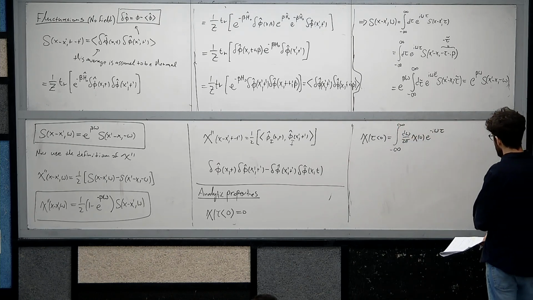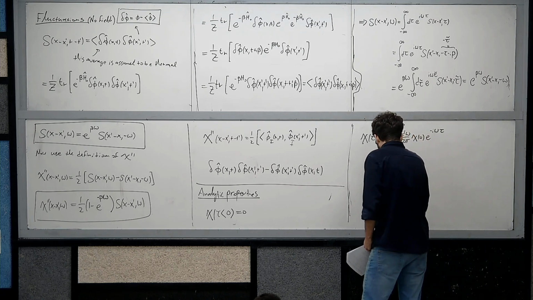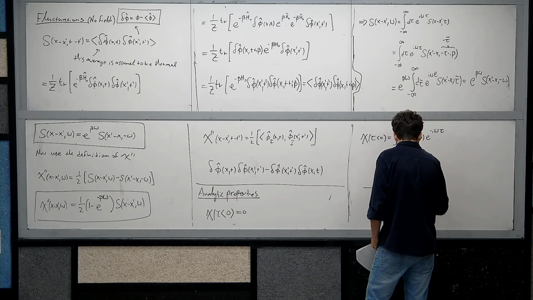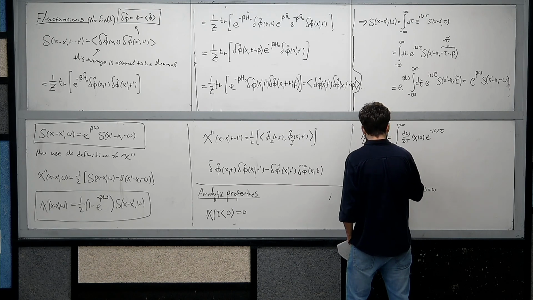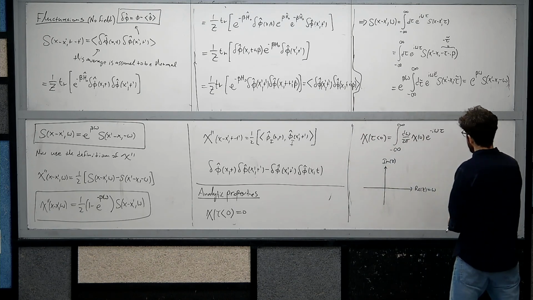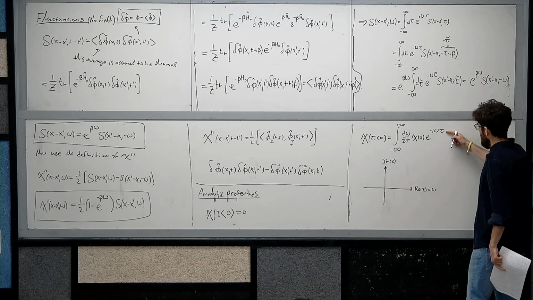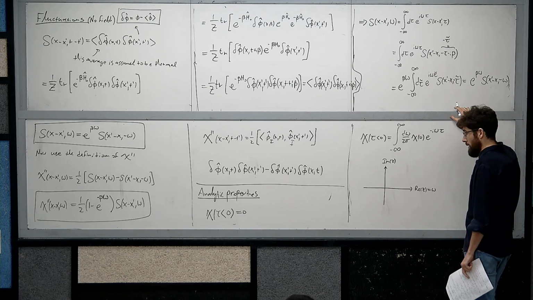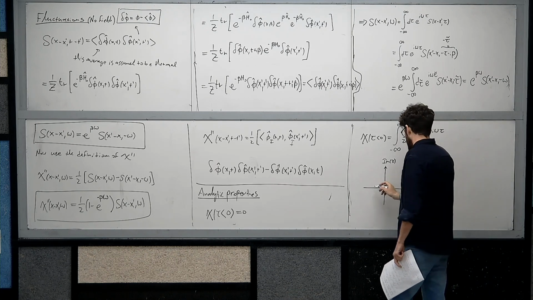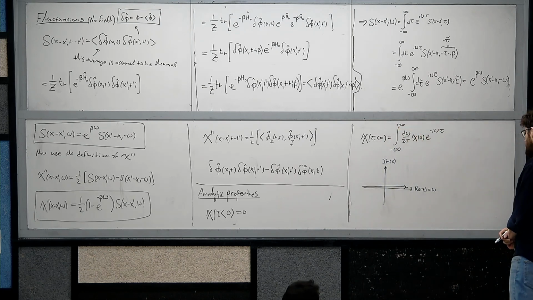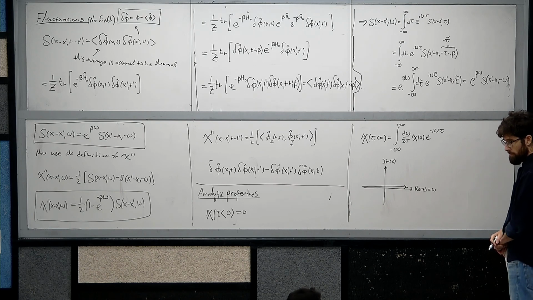Okay? But imagine that I think of a complex plane where the real part of z is like omega, and this is the imaginary axis of z. Then, if tau is negative, and I'm performing this integral, I know that this integral should give me 0.